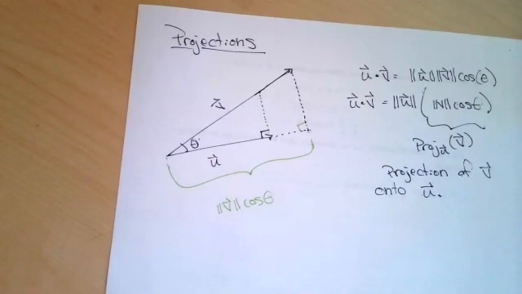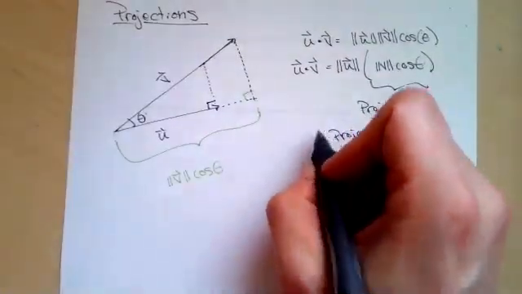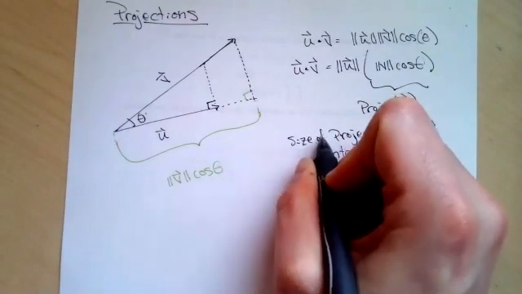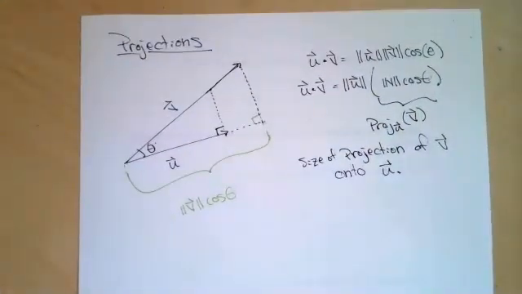Does that make sense? Geometry, pictorially, what we're doing here? And I guess to be clear, when I say projection of v onto u, we should simply say the size. So that length is going to be norm of v cosine of theta.